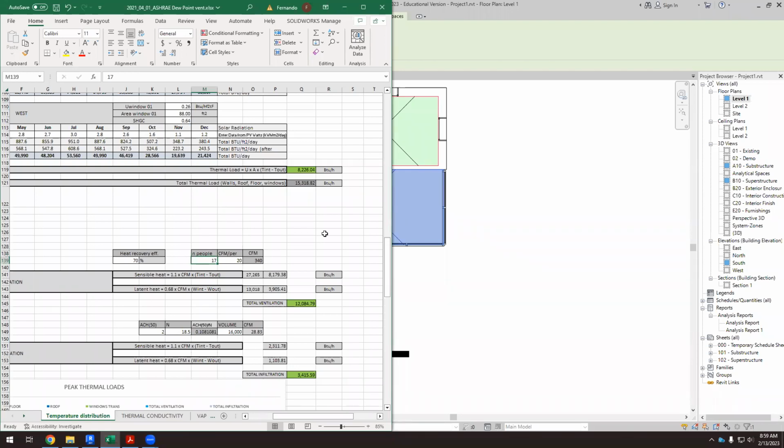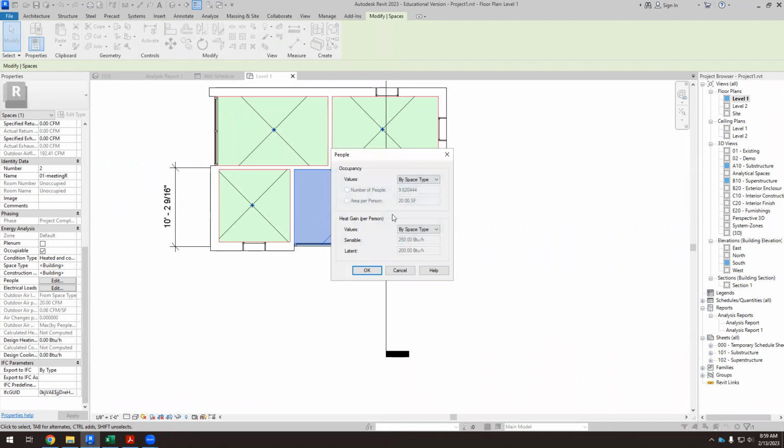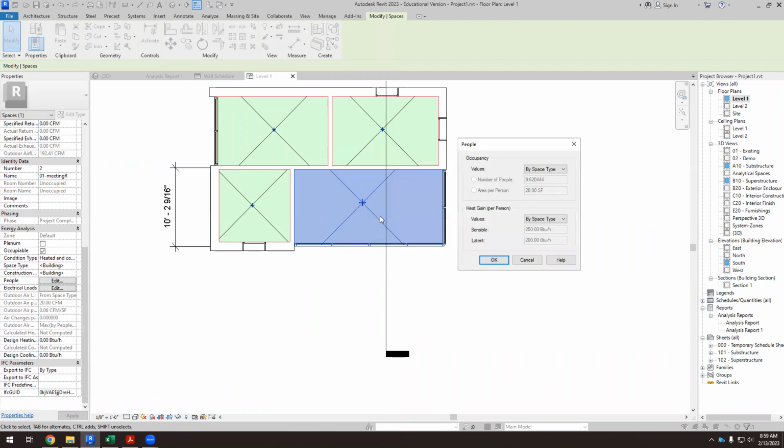So what's the number of people here? I think in Revit we have this information, because here we have people, we edit. We have said that it's 21 people per 20 square feet. So we select that space. Here we have 9.6 people, let's say 10.